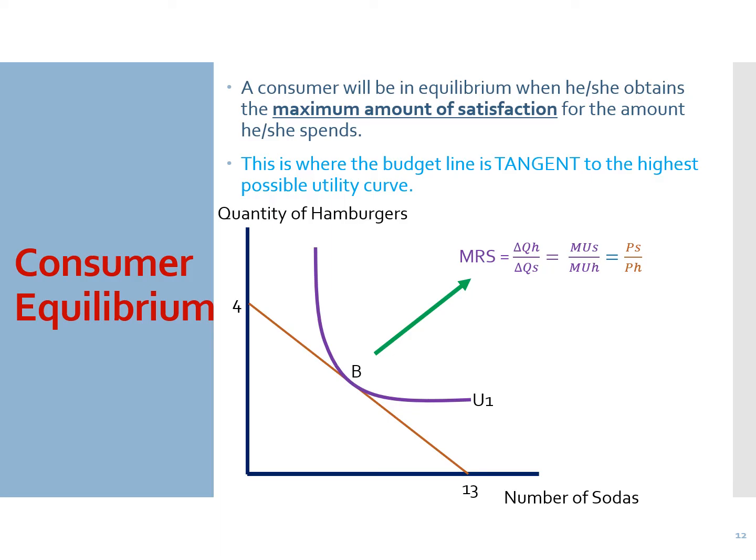At that point, our consumer is able to spend his or her income achieving the highest level of satisfaction that is possible. What is important here as well, folks, is that you're able to see that the gradient of your indifference curve, which is represented by your MRS, is equal to the gradient of the budget line, which is represented by PS over PH. Two important things for you to be able to understand.